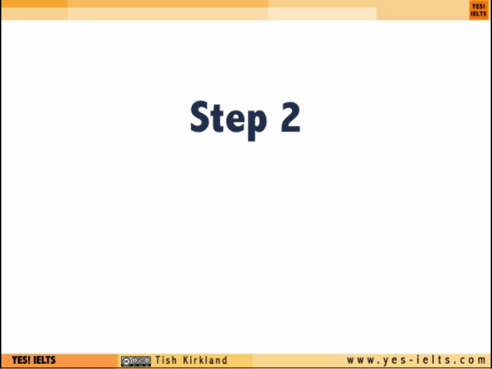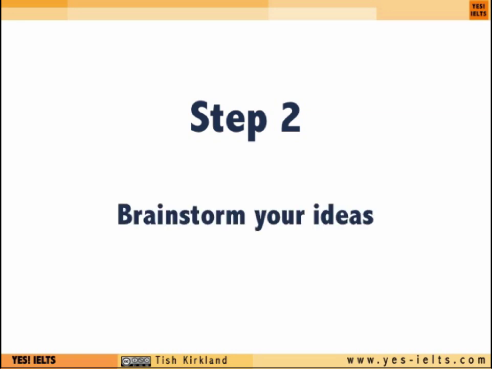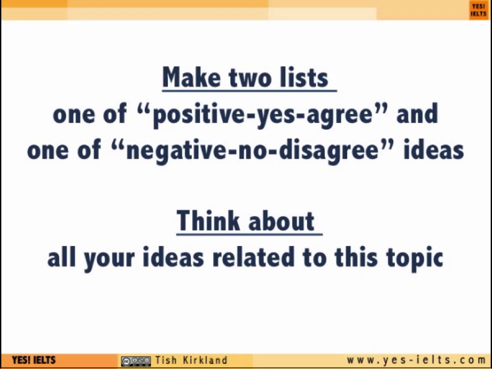Step 2 is to brainstorm. Strategies for brainstorming are covered in greater depth later on in this tutorial. Spend approximately 2 minutes brainstorming and make 2 lists, both of which answer your question. The first list answers your yes-no question with yes, and the second answers your yes-no question with no. It is important to brainstorm the ideas for both answers.